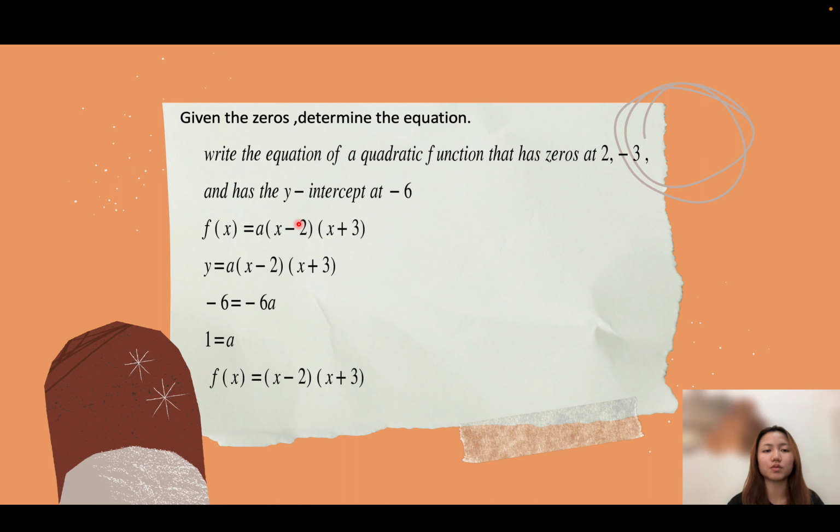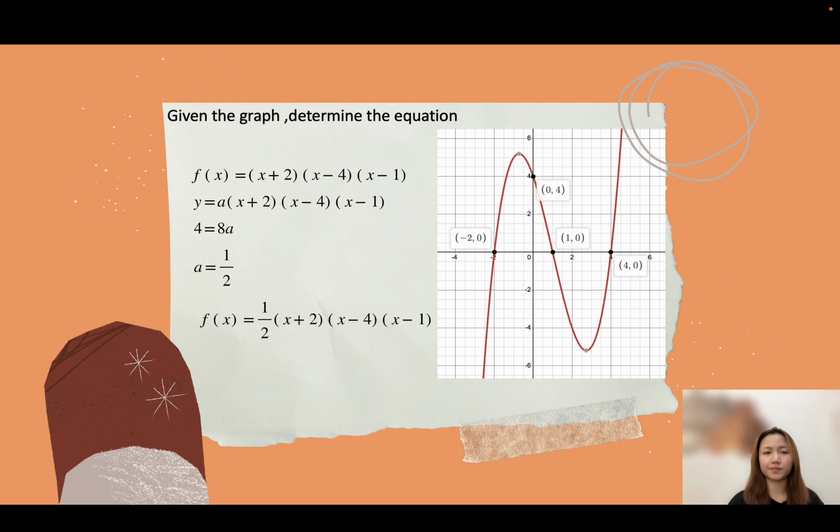But when you write the equation, you need x minus 2 and x plus 3. And then you need to find out the a. A is the leading coefficient. Find out the a. A is 1. So the answer is f(x) equals (x minus 2)(x plus 3).